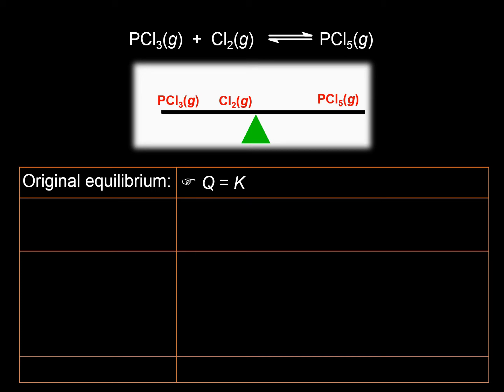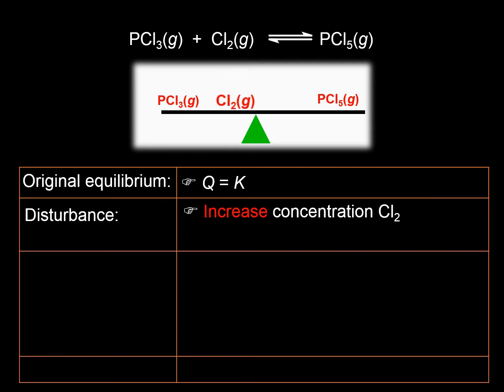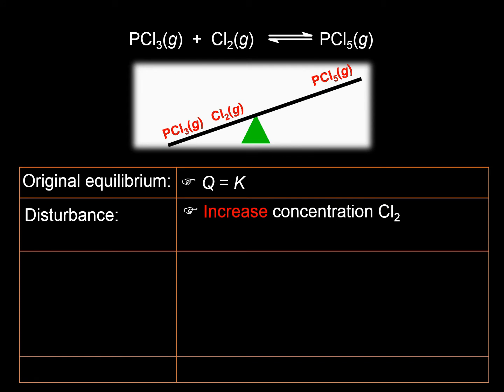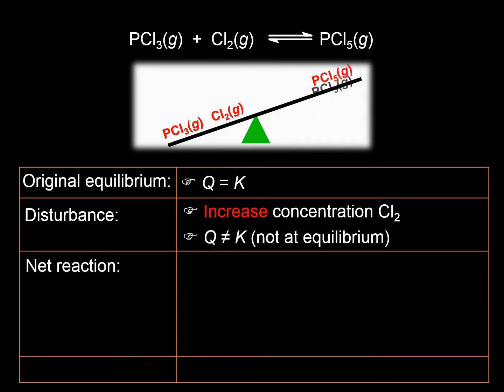Initially, the system is at equilibrium at which Q equals K. When a disturbance is given, by increasing the concentration of Cl2, Q is now not equal to K. In order to reach equilibrium again, the concentration of PCl5 needs to be increased and the concentration of PCl3 and Cl2 need to be decreased.